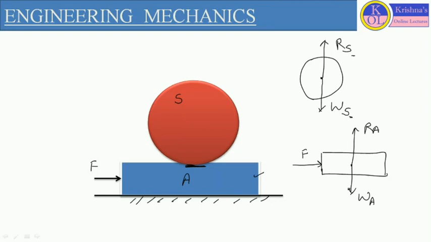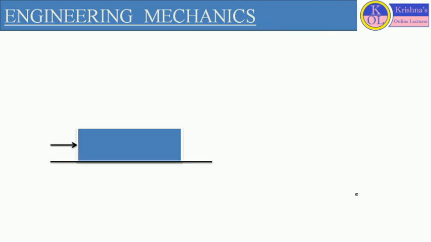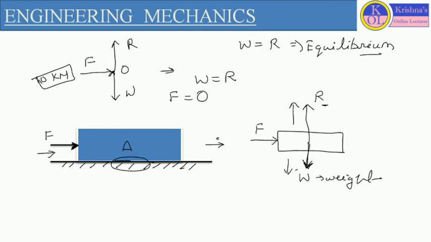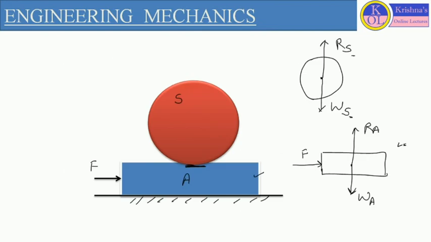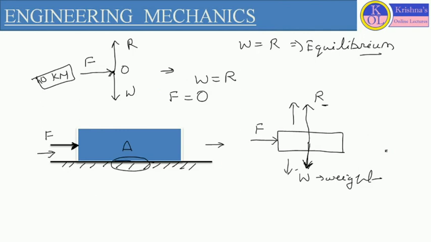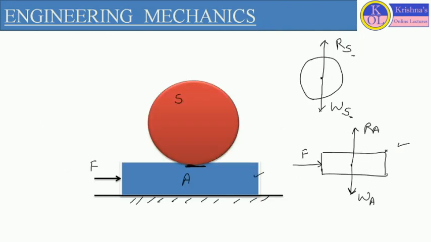Now what is the difference between this diagram and this diagram? See, this is the same free body diagram which we have drawn for this particular condition, but it is the assembly. So here, for the weight of this A block, we'll make some changes.